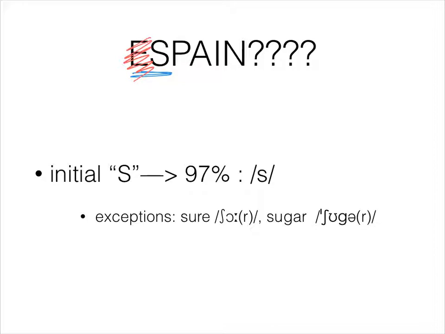You have small exceptions, such as, for example, sure. Can you come here? Sure, which is the sh sound. Or, for example, the word sugar, sure. But these are very few exceptions. 97% more or less cases, initial S, okay?